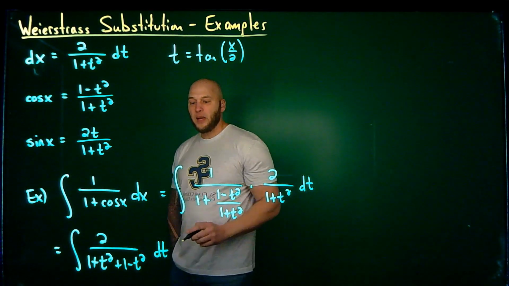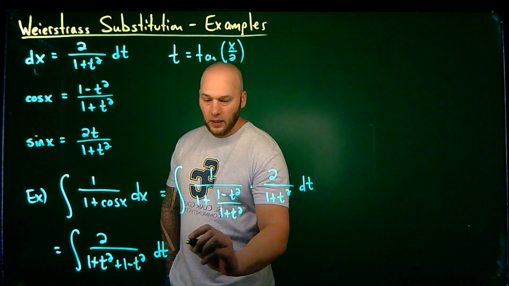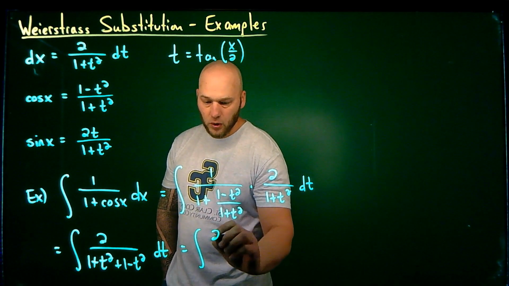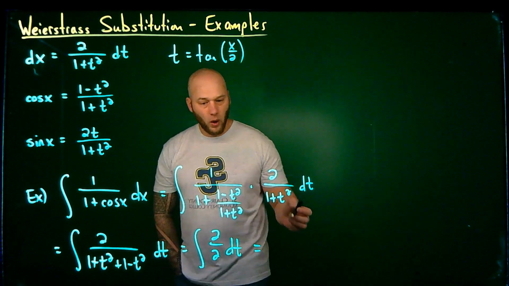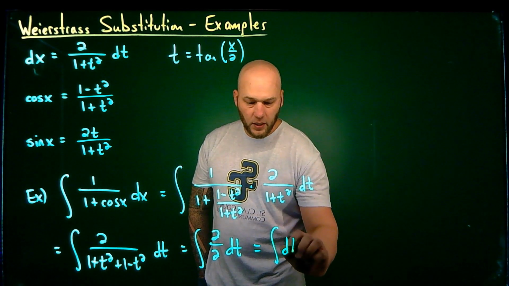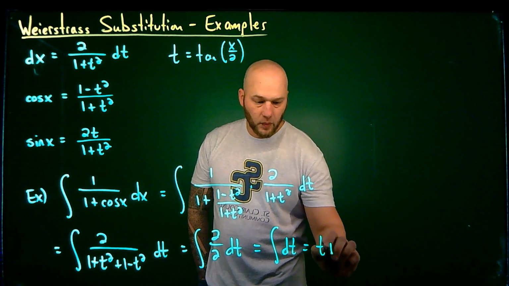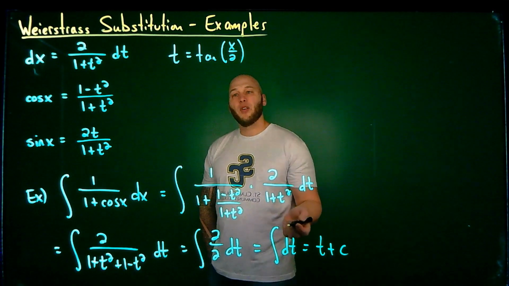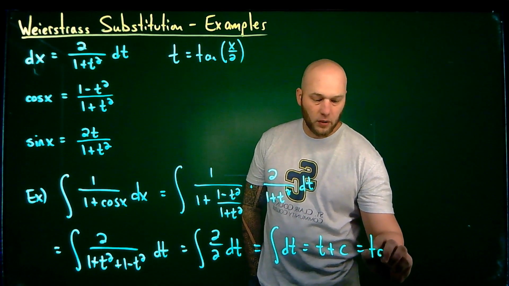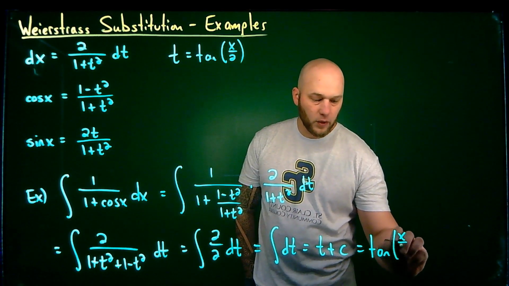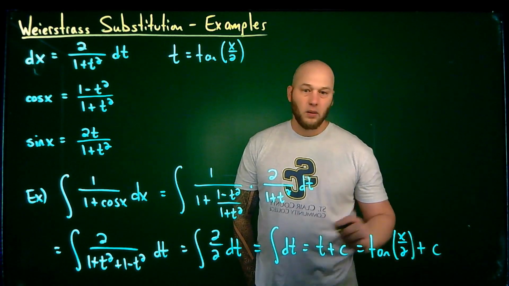In that denominator, the t squareds cancel, giving me the integral of 2 over 2 dt. Of course, 2 over 2 is 1. The integral of dt would be t plus c, but then converting that back to the original variable, this gives me tangent of x over 2 plus c.